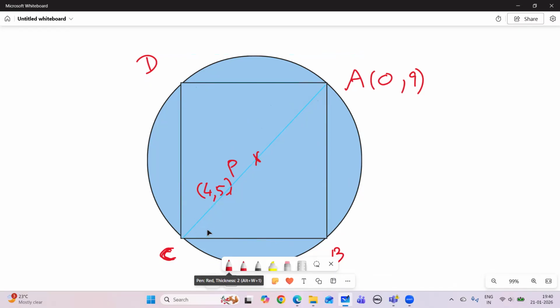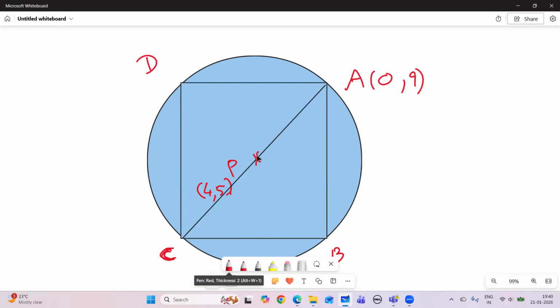If I call this square ABCD, then its diagonal is the diameter of this circle. The diagonal of this largest square becomes the diagonal of this circle.